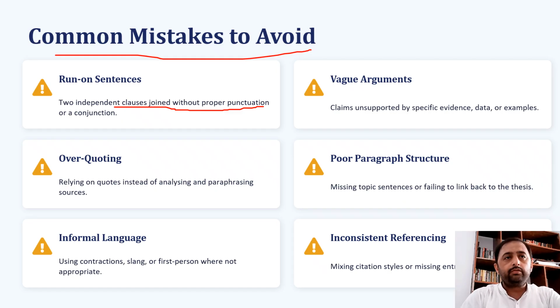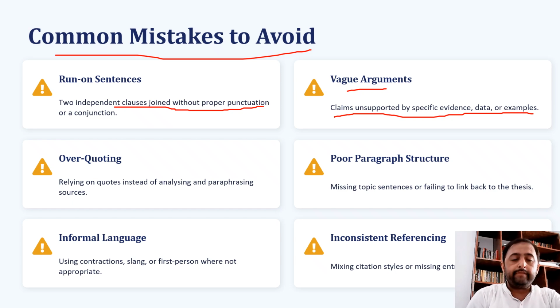Also, you should not make vague arguments: claims unsupported by specific evidence, data, or examples. Once you have made an argument or any claim, you have to provide specific evidence, data, or an example with proper citation. Do not overquote.